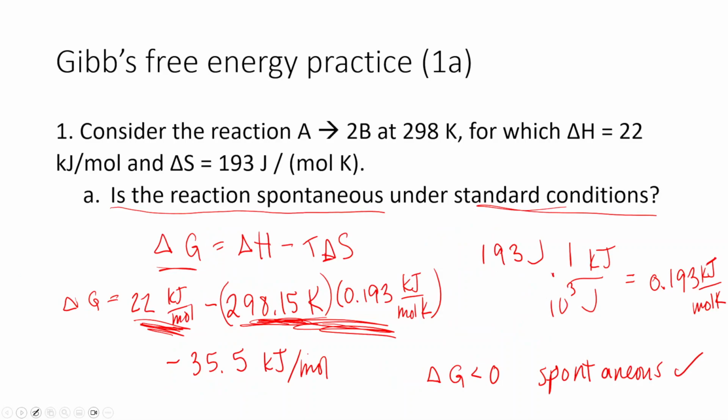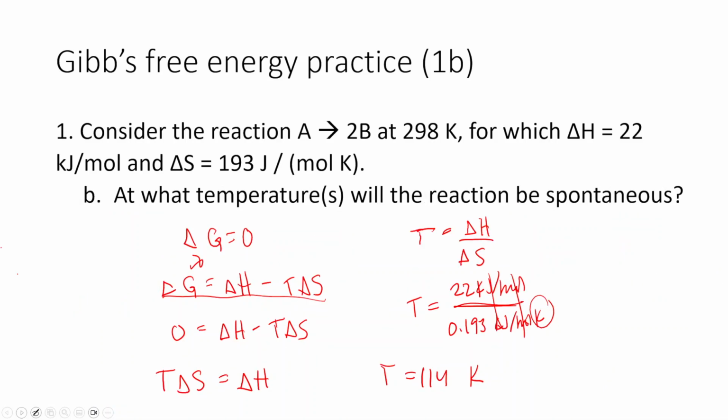We did this at standard conditions at 298 K. 298 is above 114, right? And we already know it's spontaneous at that temperature. We also know now that 114 is our dividing line. So anything above 114 is going to be spontaneous. Does that make sense for everyone? Okay.